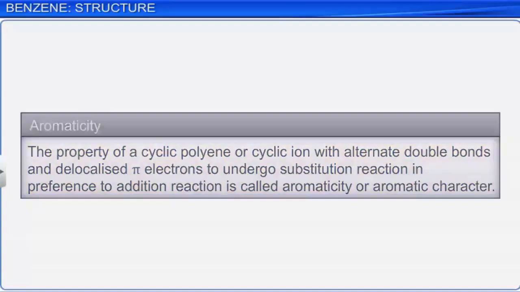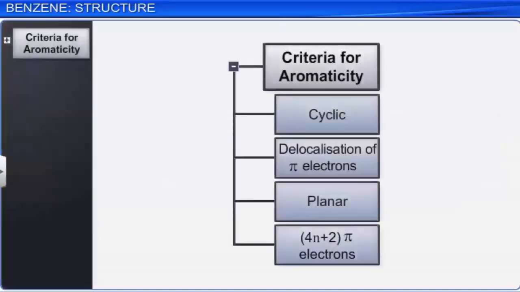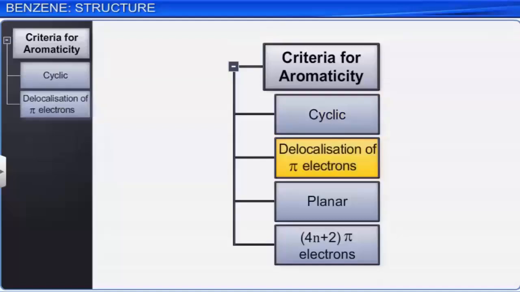Cyclic rings or heterocyclic rings or cyclic ions are said to be aromatic if they show the essential properties such as complete delocalization of the pi electrons, planarity, and presence of 4n plus 2 pi electrons in the ring.